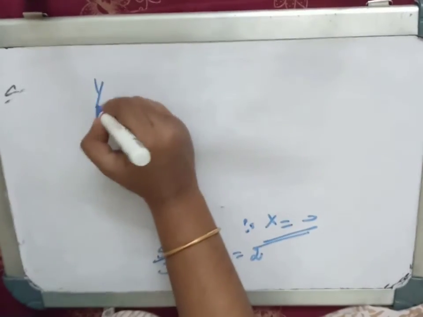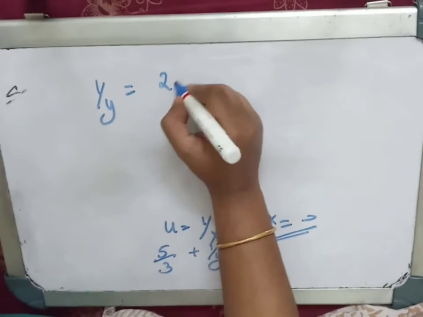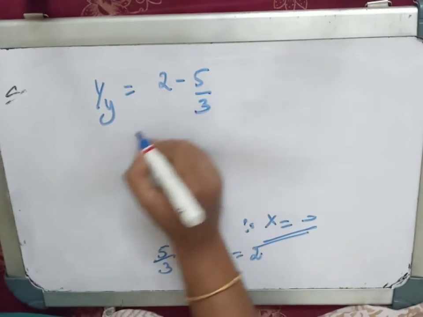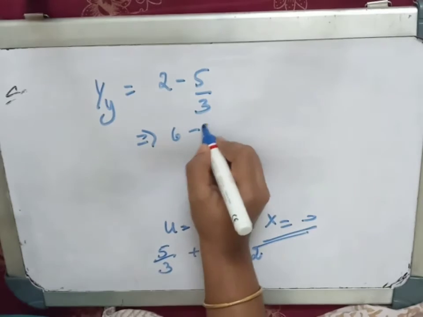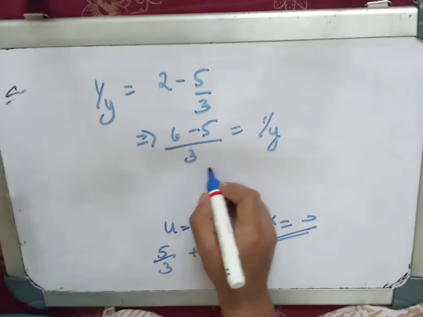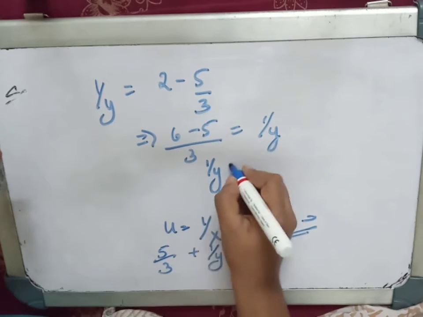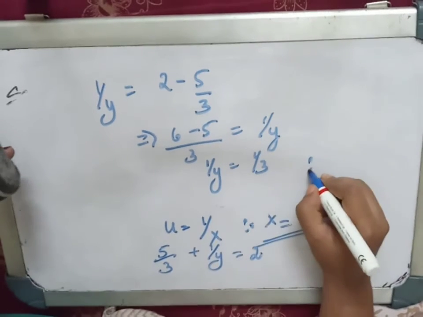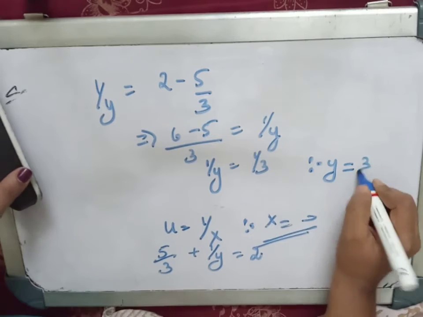It becomes 1 by y is equal to 2 minus 5 by 3. 6 minus 5 by 3 is equal to 1 by y. Again we have 1 by y is equal to 1 by 3. Therefore y is also equal to 3.